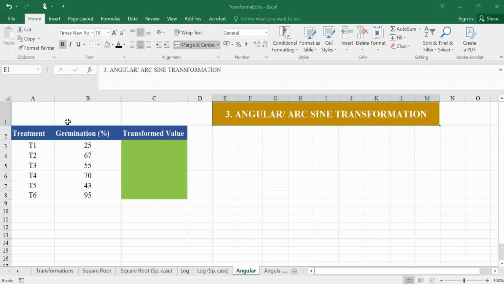For this, we have considered the germination percentage example for different treatments shown in the first column and the percentage of germination shown in the second column.